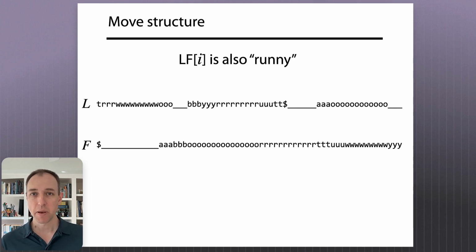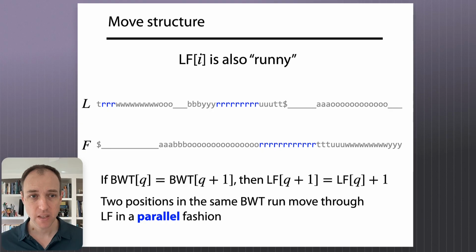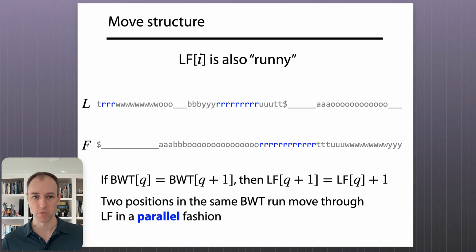When the input text is repetitive, that LF mapping is runny. This is my term; other people don't use this term, runny. But anyway, the LF mapping is runny in the sense that if you look at runs in L of a particular letter, L being the last column of the Burrows-Wheeler matrix, in other words, the Burrows-Wheeler transform, it is called L because it's the last column of the matrix.